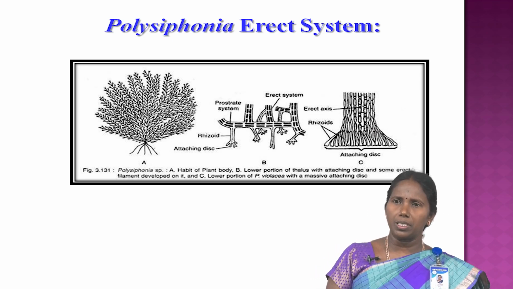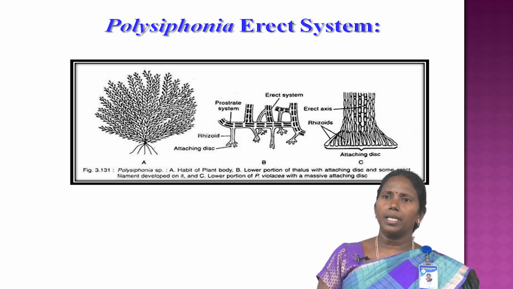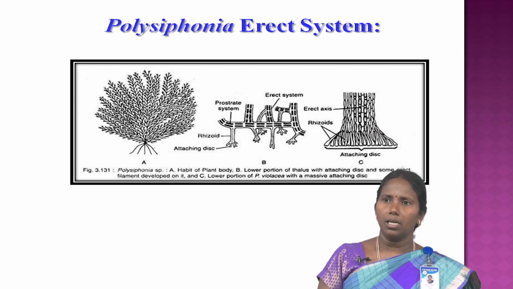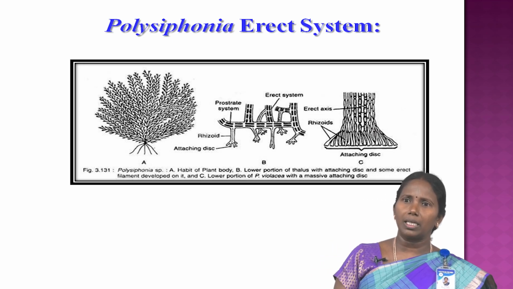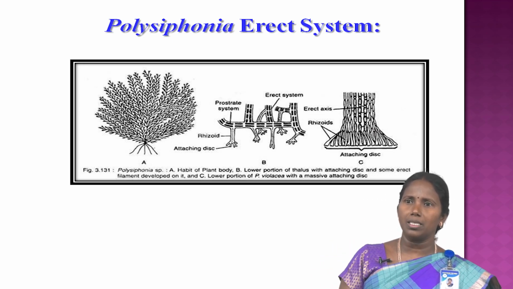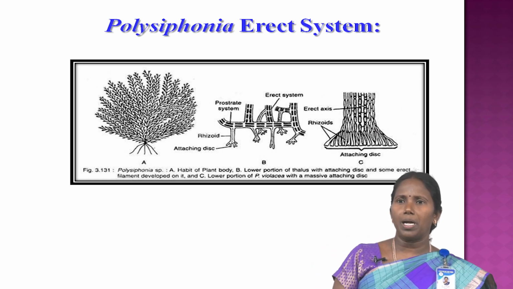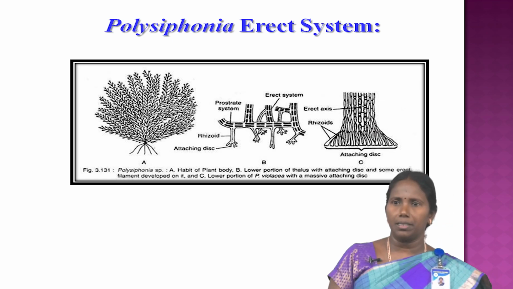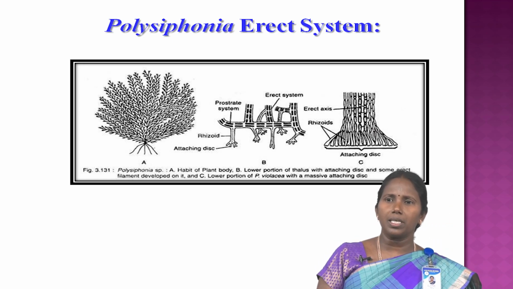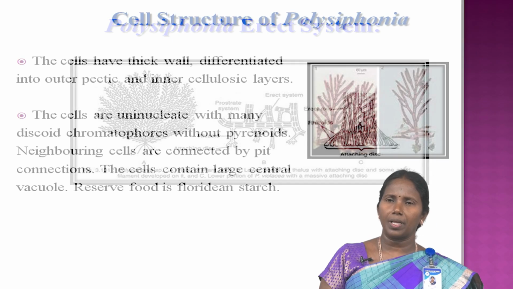In most of the species, the pericentral siphon is covered by 3 layers of cortical cells formed due to periclinal and anticlinal division of the cells of the pericentral siphon. All the cells are connected with each other by pit connections. The short branches, the trichoblasts, are monosiphonous.